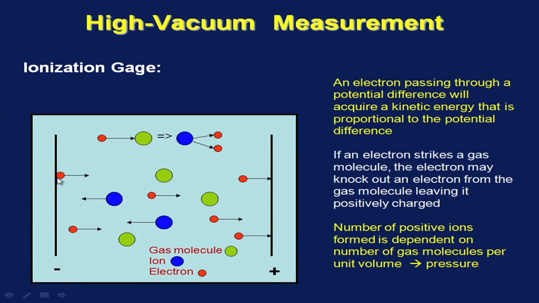Let us say we have these electrons, the red ones, and these ones are the gas molecules. Now, the electrons are flowing through a potential difference. We have a cathode here, we have an anode here.